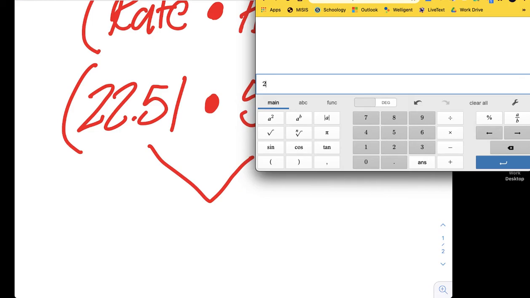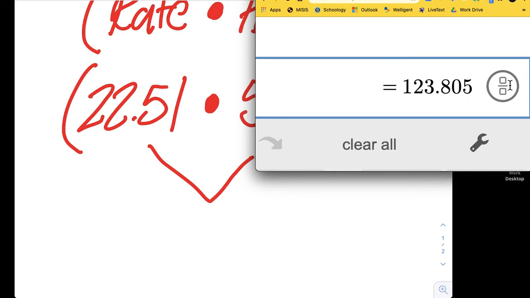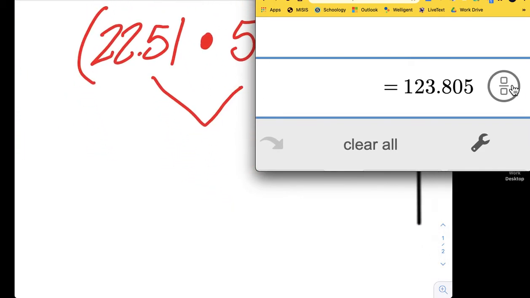Oh, what did I forget? I forgot parentheses, right? Parentheses 22.51 times 5.5, close parentheses, and I get, immediately without pressing enter, 123.805.